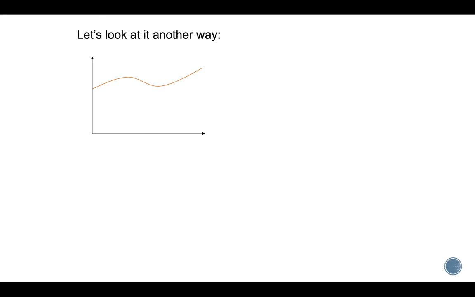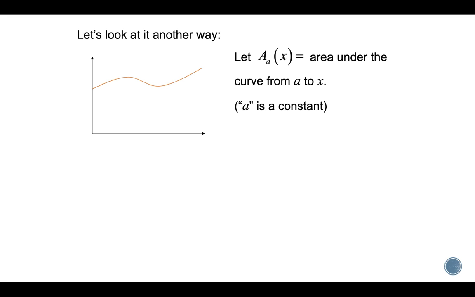Let's look at it another way. Let A of x equal the area under the curve from a to x, and a is just some constant. Okay, so this is A of x.